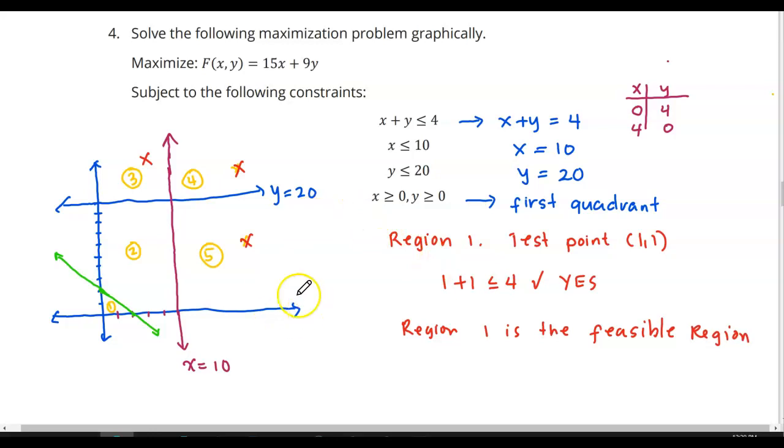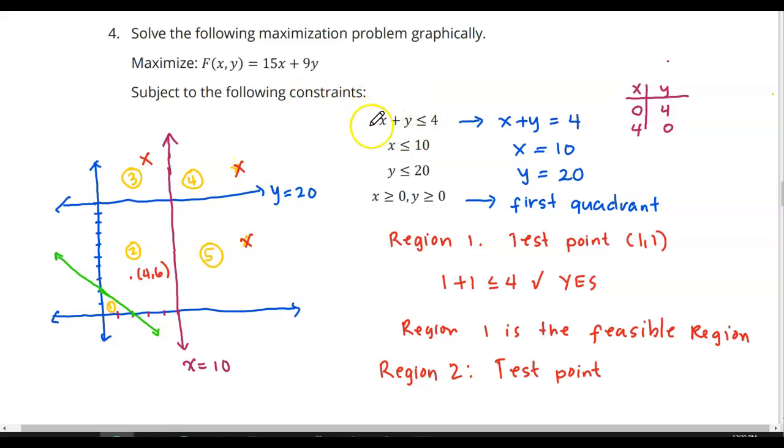Now, just for the sake of illustration, we look at region 2 and we will verify that this is not the feasible region. A test point for region 2, let's say for instance, we get a point here. This point here is 4, 6. Consider the point 4, 6.